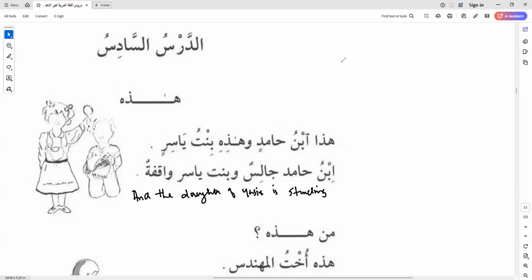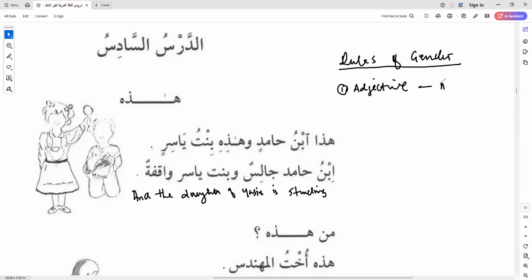Okay. So let's look at some rules of gender in Arabic. So first we look at adjective.